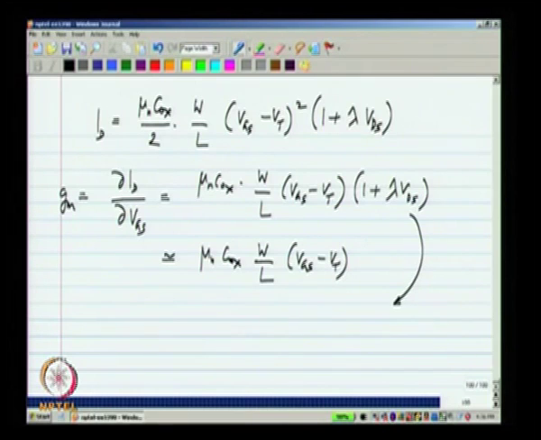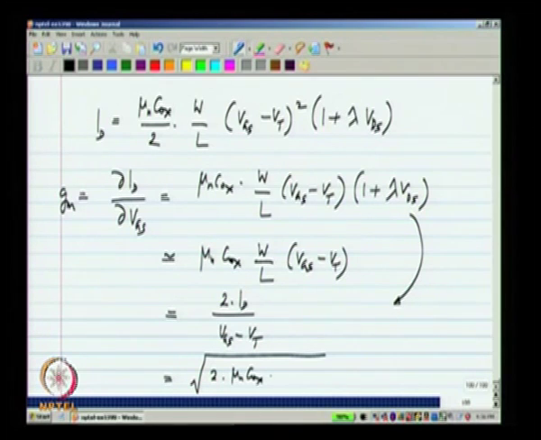Now, this can also be written as 2 times the drain current divided by VGS minus VT, and also you can neglect this 1 plus λVDS and write it in terms of only ID: square root of 2 μnCox W/L times ID. Okay.